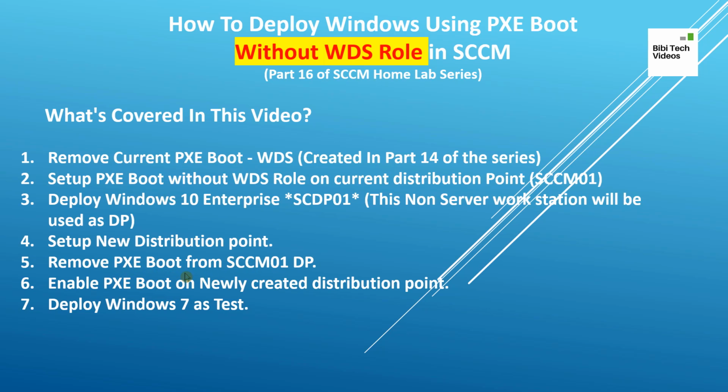And then I will create and distribute a new task sequence, a sample task sequence that would show you a demo of deploying Windows 7. I will be using it just to show you that different operating systems can be deployed. If you are following along with me in this series, you could just deploy Windows 10 too if you desire to do so. But I will deploy Windows 7.